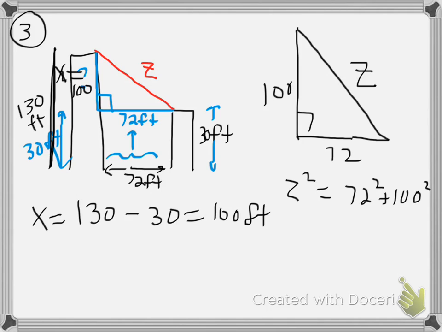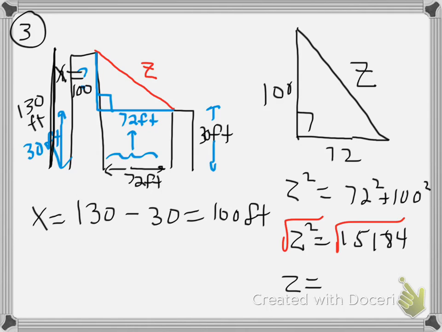So I'm going to pause this and figure this out. So I just figured out what 72 squared plus 100 squared is. Now I'm going to have to square root everything so I can get z. And z will be, I'm just putting that on the calculator, 123.2, and that's feet.